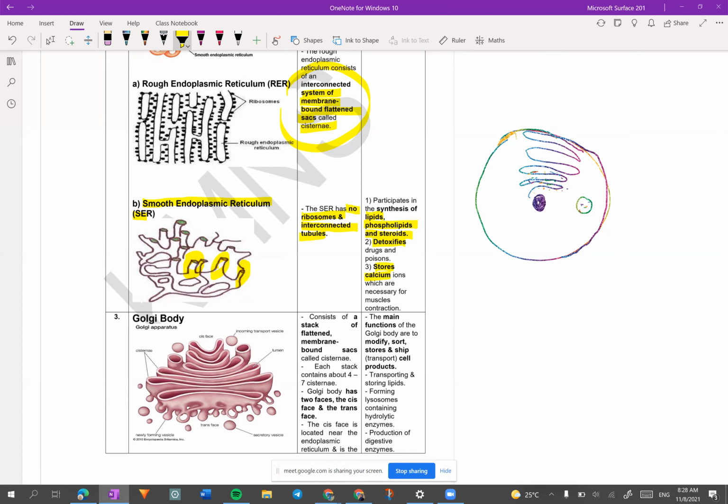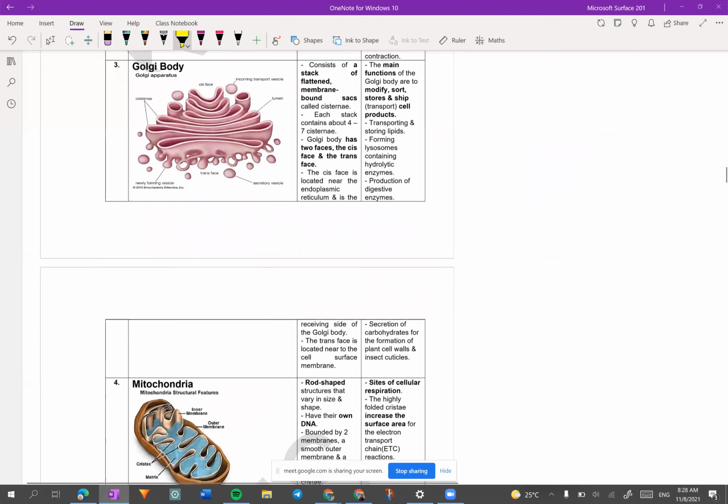They need this calcium to move the vesicle, the enzyme. So that is important. It stores calcium, detoxifies, and is also for synthesis of phospholipid and steroid.